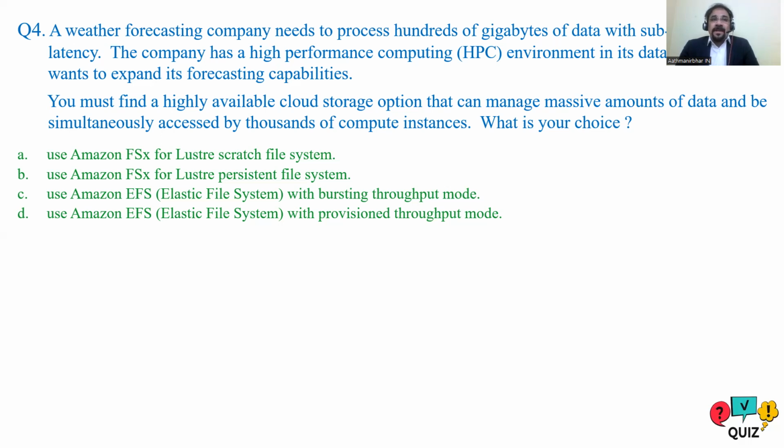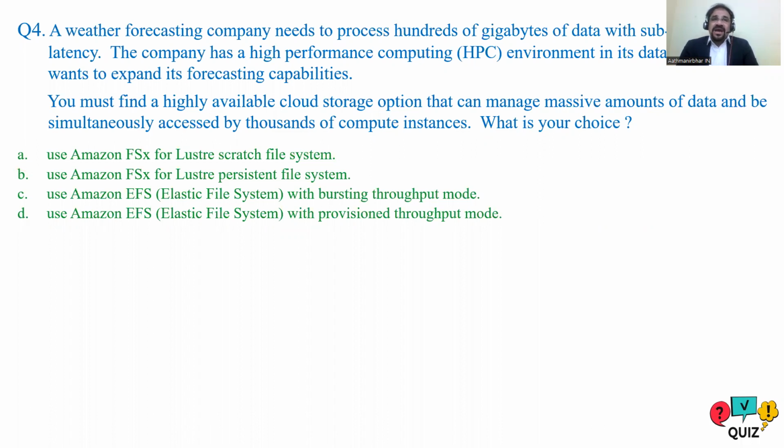So option B, Amazon FSx for Lustre persistent file system, will go very well with our requirement. So we have narrowed down our choice to option B, correct? Let us evaluate option C as well as option D to understand how they work.